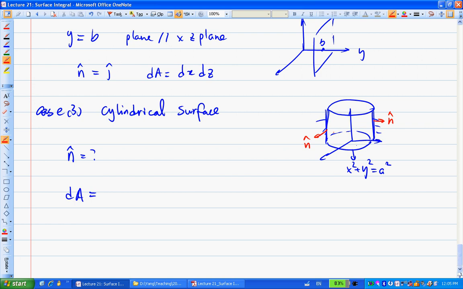Imagine looking from the top: everywhere is a circle, and the n hat is the vector perpendicular to the circle. What would be the unit normal vector for the circle? 1 over a, exactly, times (x, y). That would be this.